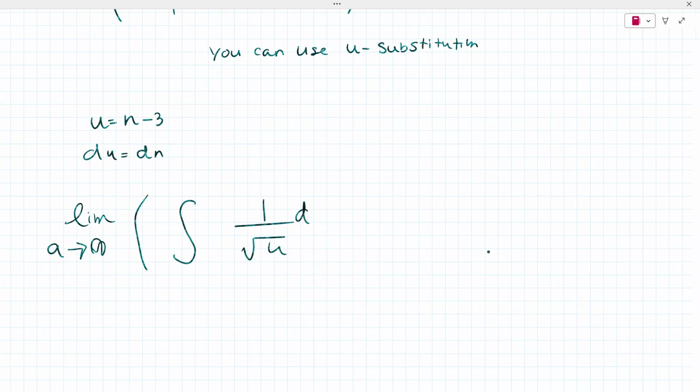Since our n is 4, 4 - 3 is just 1, and the upper limit is u equals a - 3.